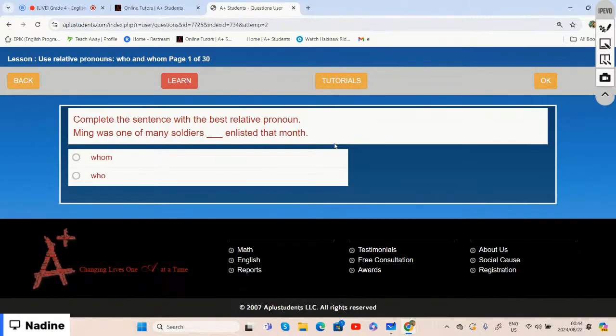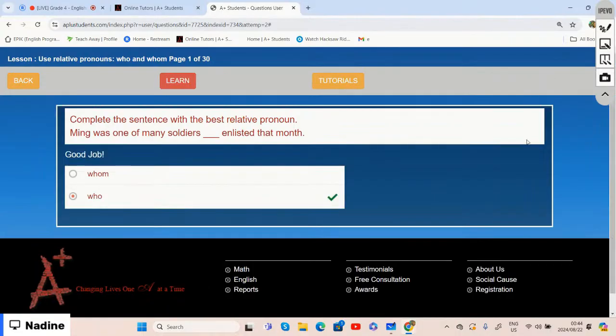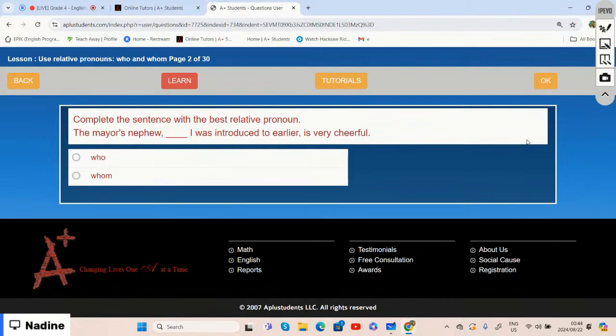All right, and if we were to select our relative pronoun, we can say Ming was one of many soldiers who enlisted that month. So well done. Option two, who, is correct.